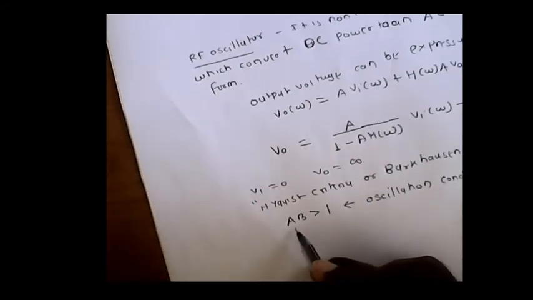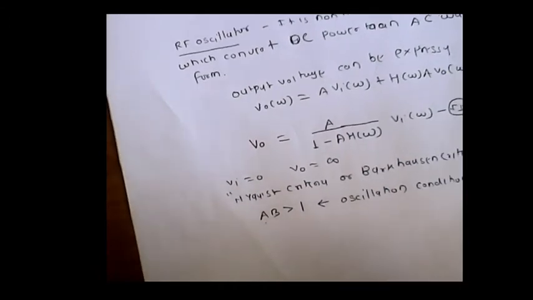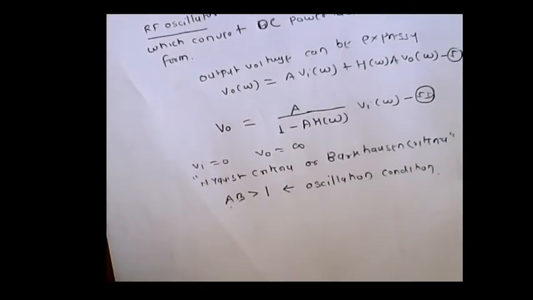The condition for oscillator design depends upon the instability of the circuit, where A is the gain and beta is the feedback. So A into beta is greater than 1. This is the oscillation condition for any oscillator which is to be designed. So this is about the basic concept of the oscillator.